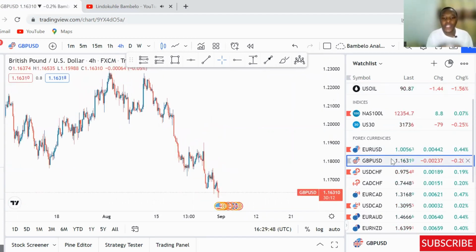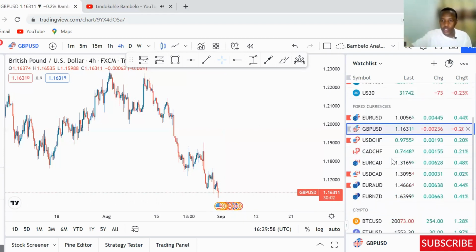In as much as these pairs are correlated, if you use these correlations like I do, I will go deeper into what's happening in my watch list, right? My pairs are sorted in that type of way. I have pairs that are correlated, and some I may not be trading, but I'm using them as some sort of reference.